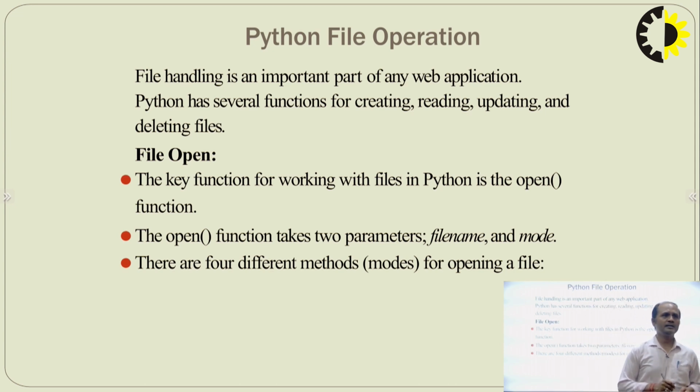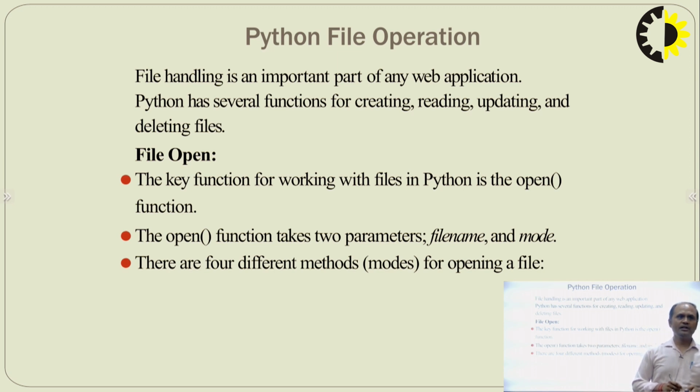So Python has several functions that we use in file operations. There are so many file operations. Now we will discuss them one by one, and how they work on a file. The first operation we will discuss is file open.